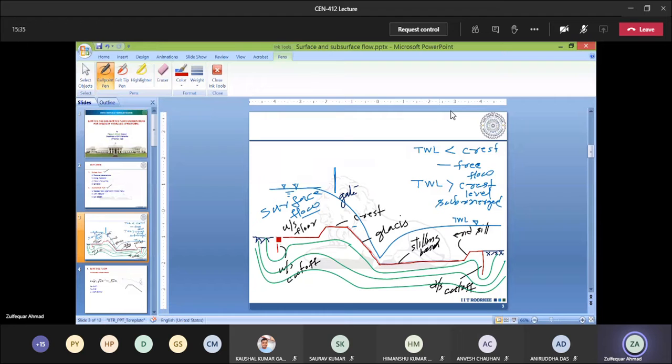Okay, so now let me use another color. So this is the head, let us say H. I mean this is the head over the crest.